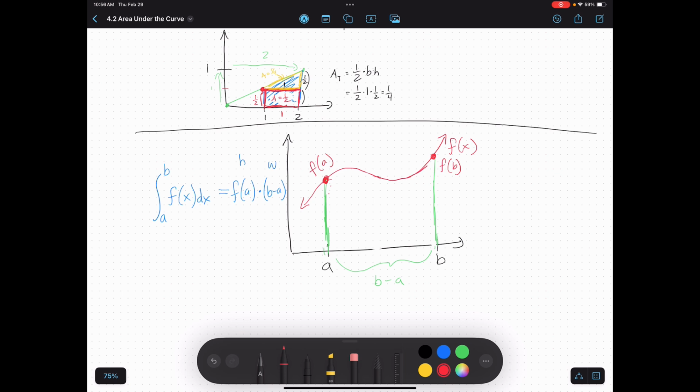Sure, one rectangle makes my computation a lot quicker, but if I'm going for more accuracy, what I can do is I can make multiple rectangles. So let's say I want to break this area up into 4 different rectangles. That means I'm going to break this up into 4 rectangles, like so.